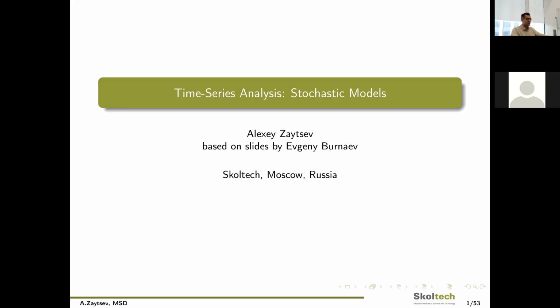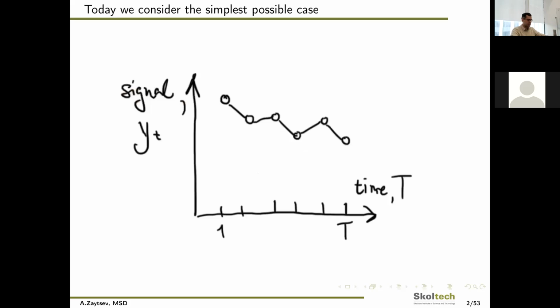Okay, so finally, we will now try to introduce a class of stochastic models in the simplest possible case for our data. In particular, we'll consider the case when we have some signal and some time, and we observe a signal that varies with time. We can't think of anything simpler when we are dealing with sequential data.